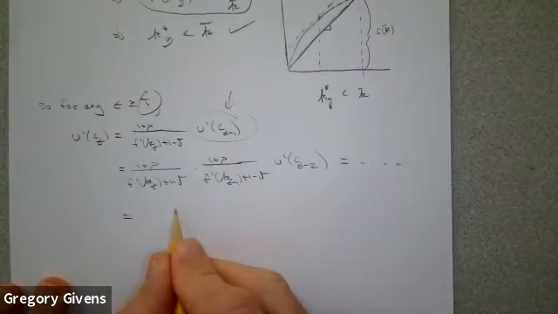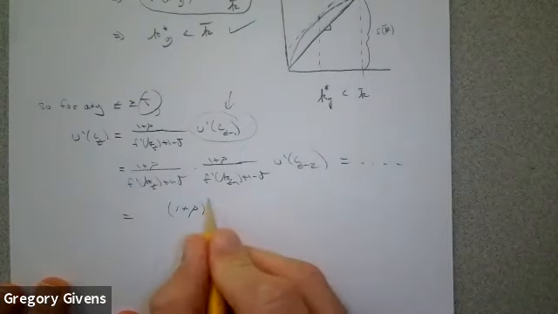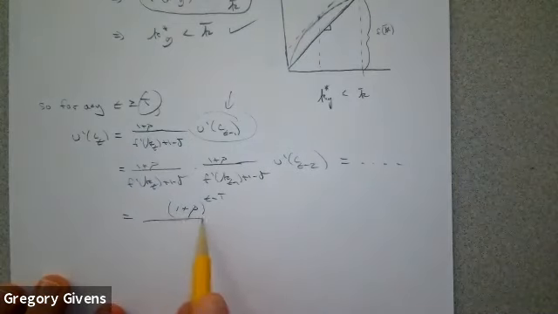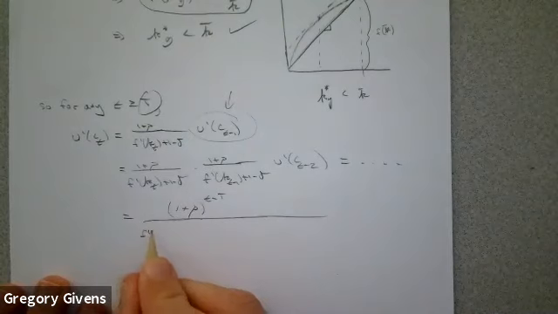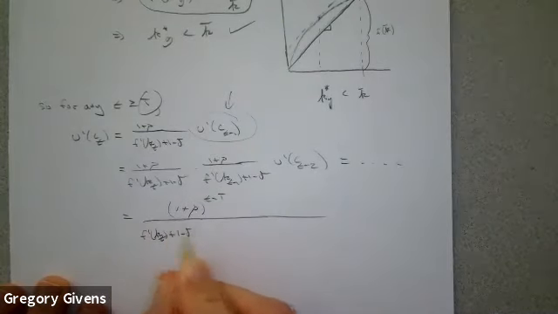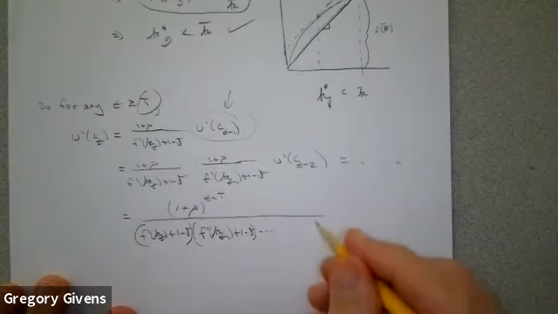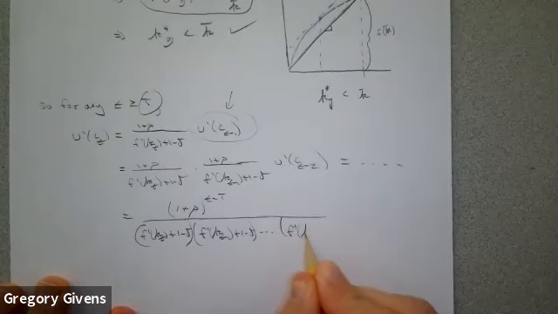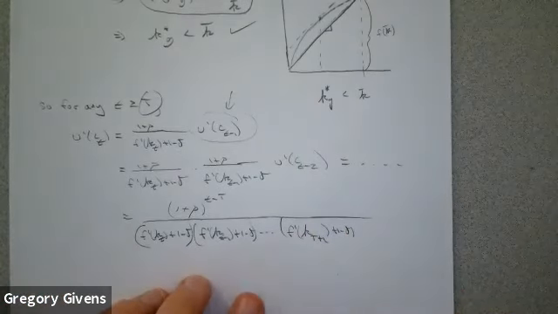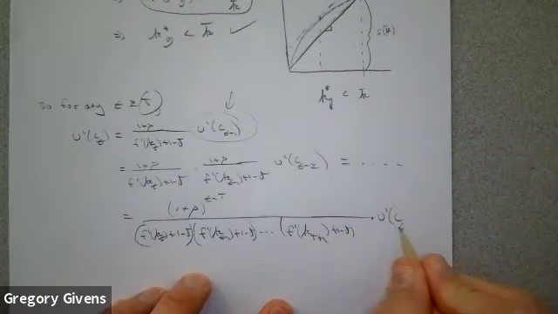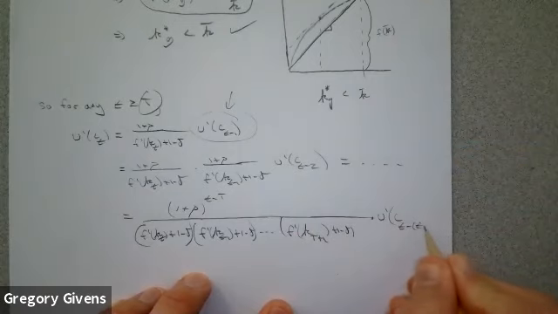It's going to be (1 plus rho) raised to the number of periods between little t and cap T, divided by (f prime of k_t plus 1 minus delta), times (f prime of k_{t-1} plus 1 minus delta), times all the way back to (f prime of k_{T+1} plus 1 minus delta), times u prime of c_{t-(t-T)}.